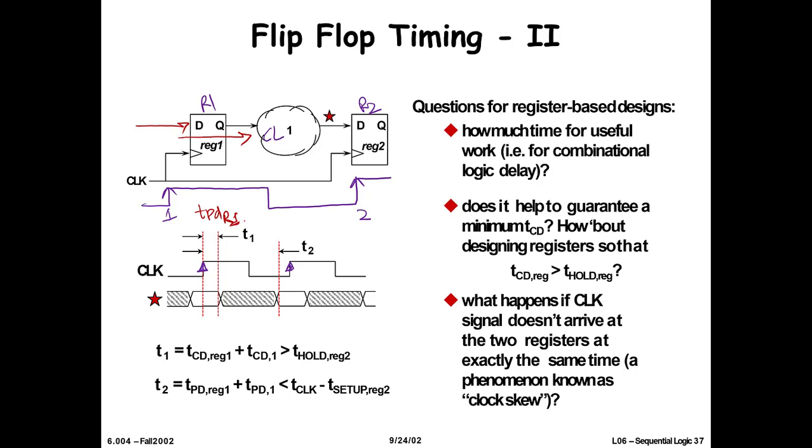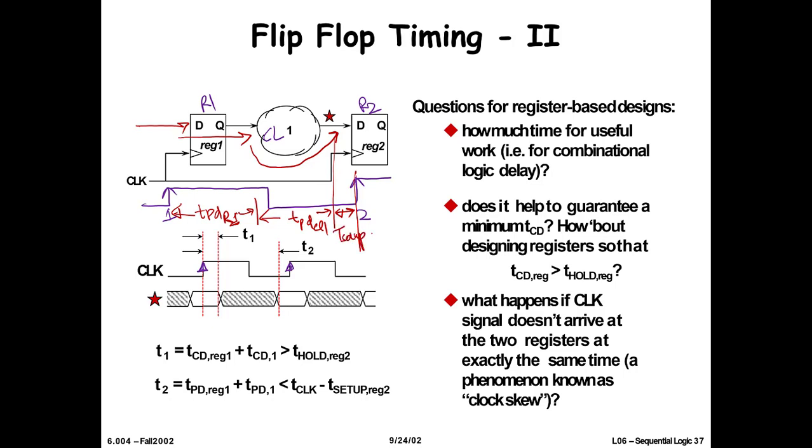Okay, then after that this data should go from here to here, and the amount of time it takes to go from here to here is TPD of CL1, which is combinational logic. Then here our clock edge is coming. Remember that our data should be stable.